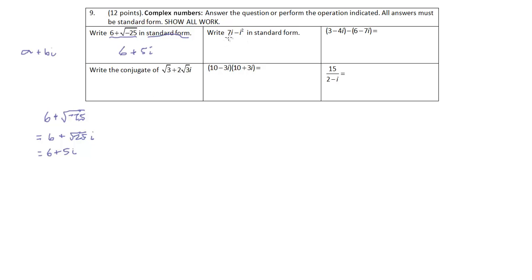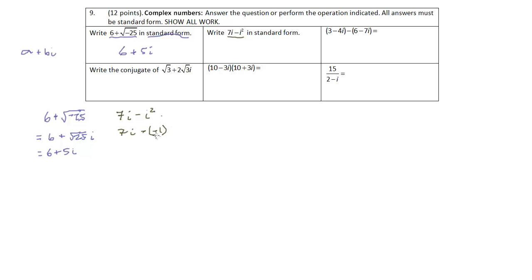Next problem, standard form. All right, standard form, it's always the real part first and then the imaginary part. When we look at that problem, 7i minus i squared. i squared is equal to -1. So it's minus -1.